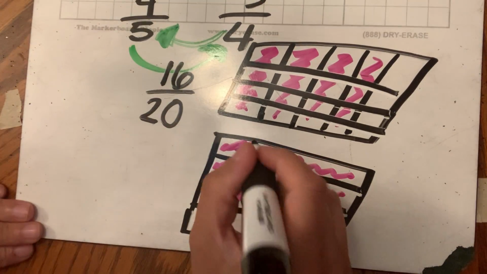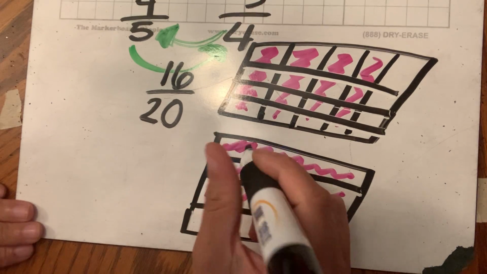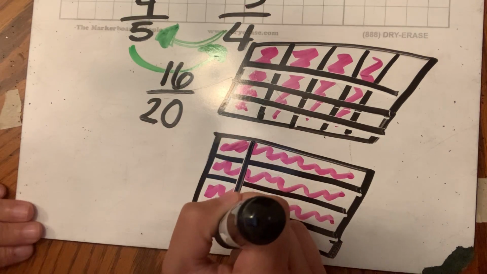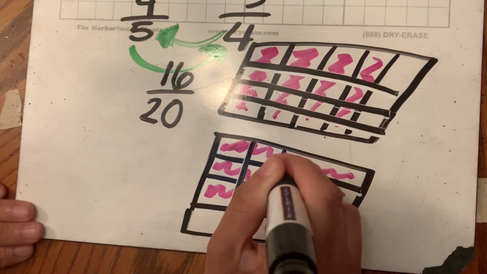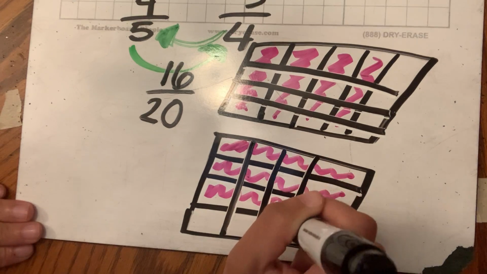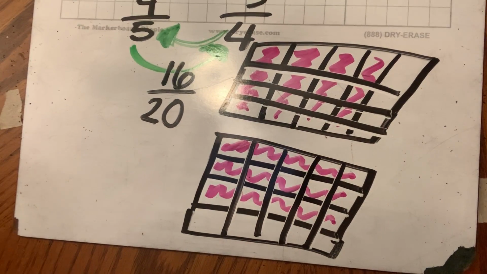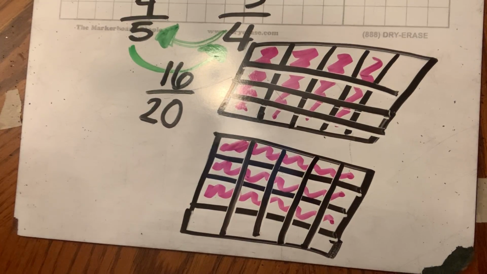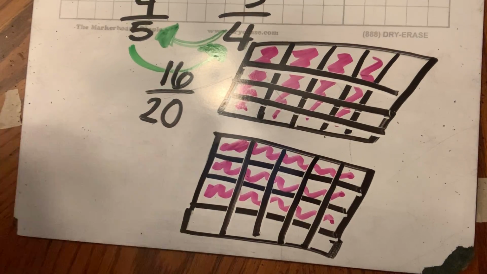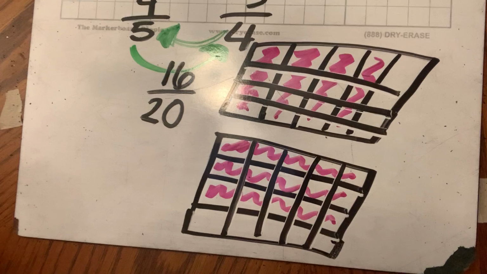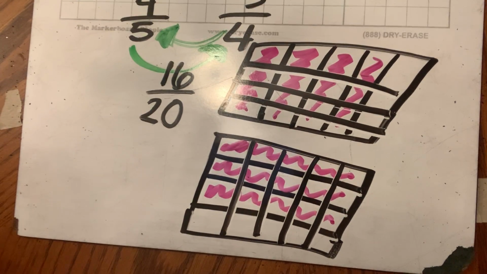And I have to do fifths. 1, 2, 3, 4, 5. Agree or disagree? Well, now my 3/4 are no longer 3/4.